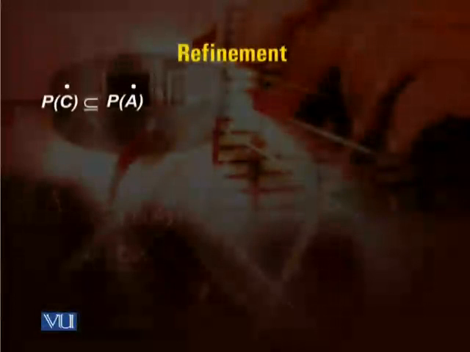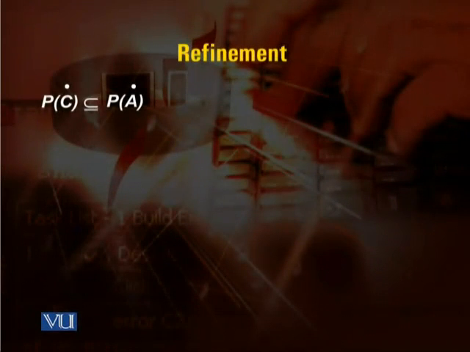So if C is a refinement of A, then P of C dot should be a subset of P of A dot.